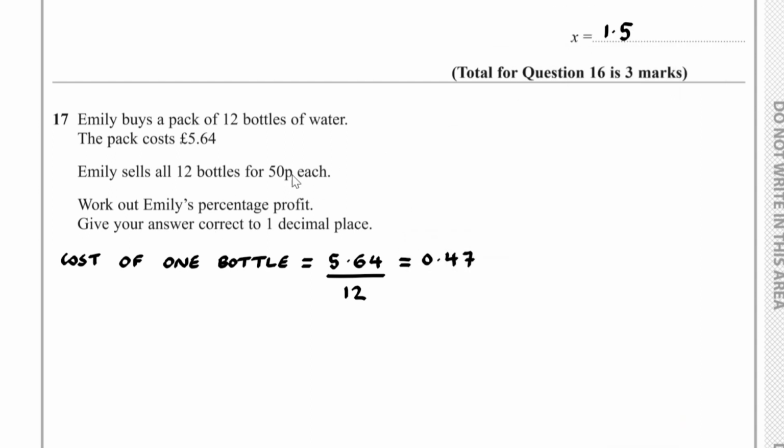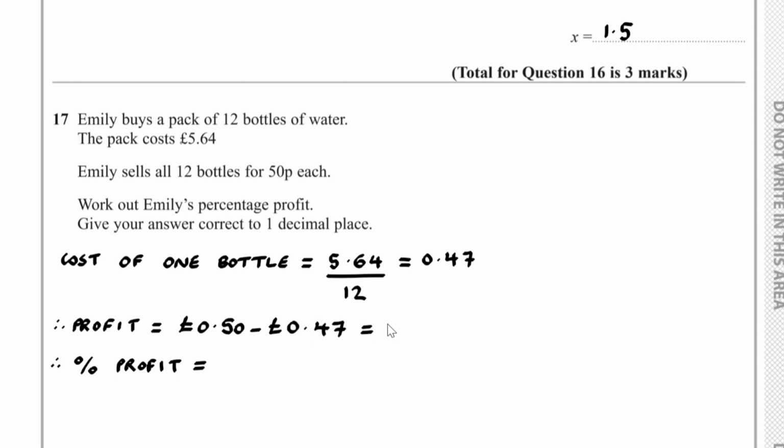And therefore, if she sells the bottles for 50p each, the percentage profit is equal to, well, the profit then, before we work anything else out, that's equal to 50p subtract 47p, which is 3p.